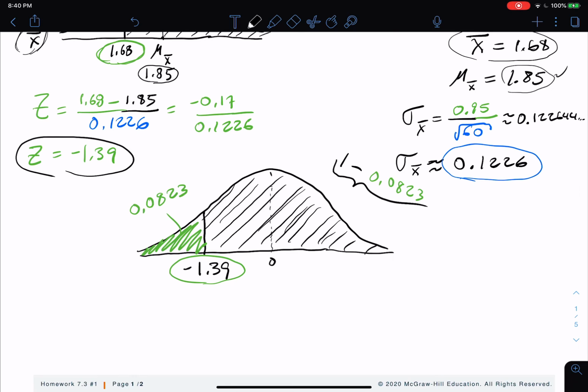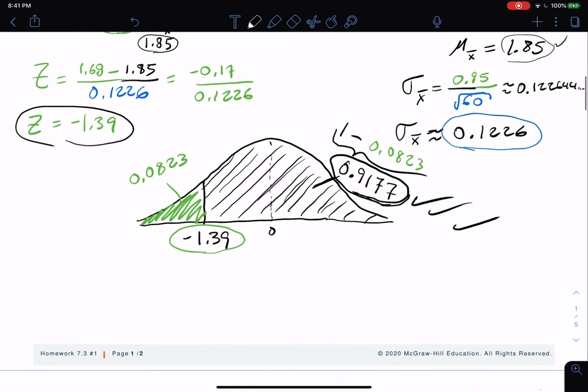Which leaves us with 0.9177, which happens to be the area. That is the answer right there. So the probability is this area to the right, which is 0.9177.